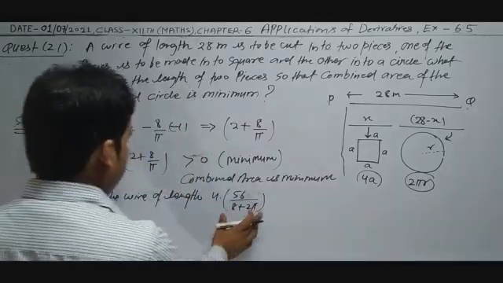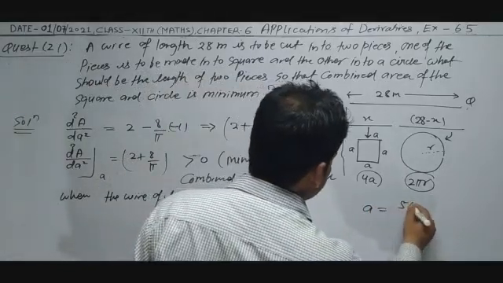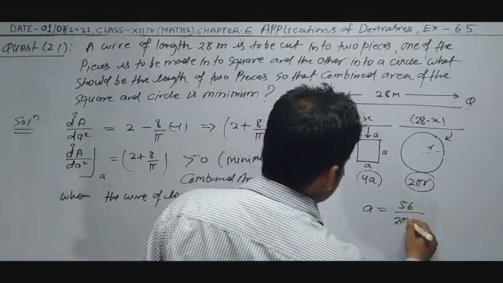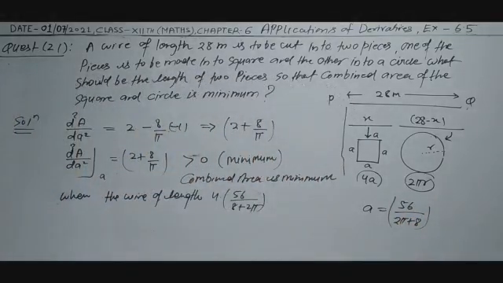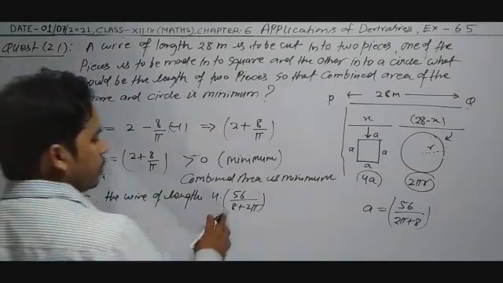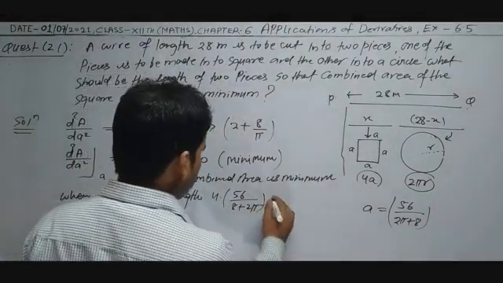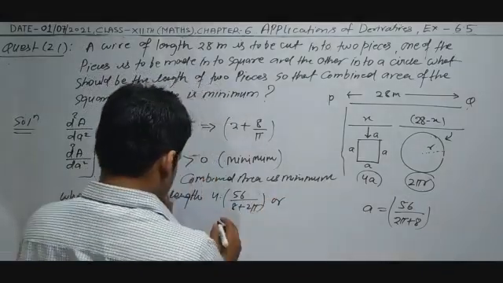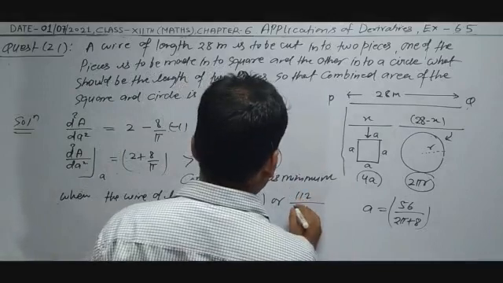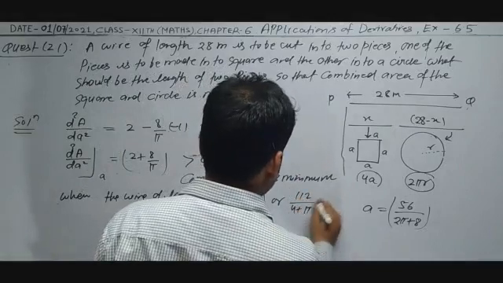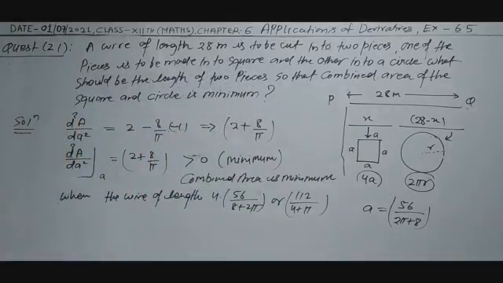This is the value of a. You know, the value of a is equal to 56 whole upon 2 pi plus 8. Combined area is minimum when the wire of length 4 into 56. This calculation can be 112 whole upon 4 plus pi is used for the square.